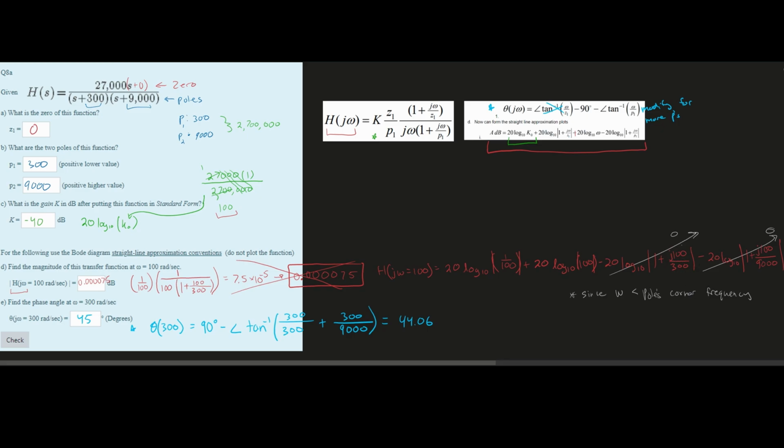And again, since the numerator is smaller than our denominator, that means we can zero these out. And so we're just going to be left with all of this right here. And from this, we are going to get a negative 40 plus a 40. And so this is going to give us 0. And so the proper answer for this would be 0 dB.